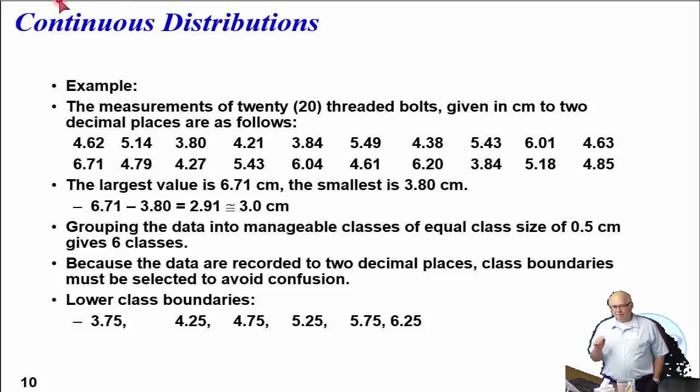The length of the bolts is a continuous variable. Well, what have I shown here? Discrete. It's 2 decimal places. So already we're finding that continuous variables are nice for mathematicians to analyze, especially if you've got functions to play with. But in the real world, we're pretty much always going to be working with discrete data.